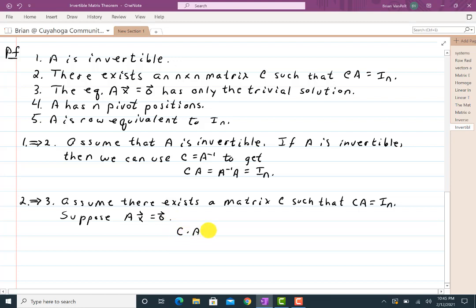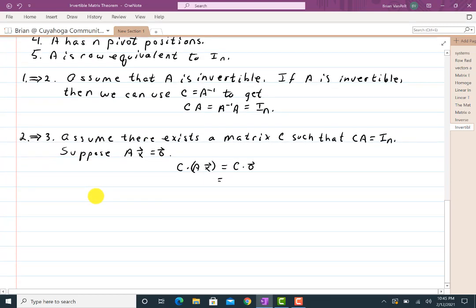C times AX equals C times 0, the 0 vector that is. Now any matrix times the 0 vector will be the 0 vector. On the left though, let me regroup: CAX, and then CA I know is the identity matrix. And so X is the 0 vector.